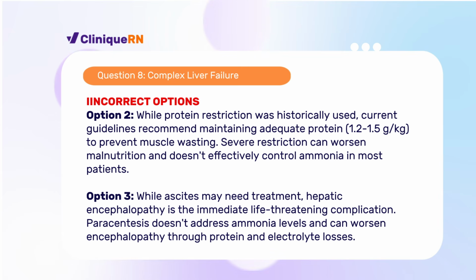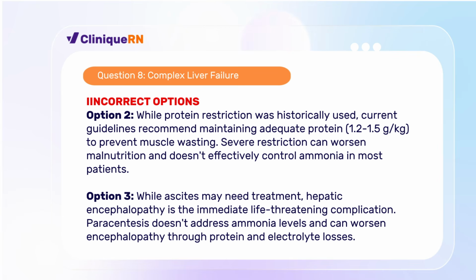Why are other options incorrect? Option 2. While protein restriction was historically used, current guidelines recommend maintaining adequate protein, 1.2 to 1.5 grams per kilogram, to prevent muscle wasting. Severe restriction can worsen malnutrition and doesn't effectively control ammonia in most patients. Option 3. While ascites may need treatment, hepatic encephalopathy is the immediate, life-threatening complication.